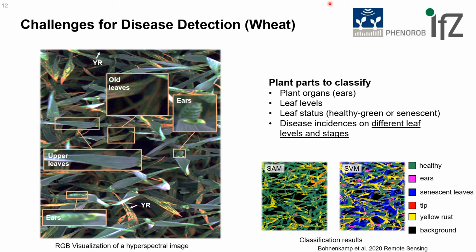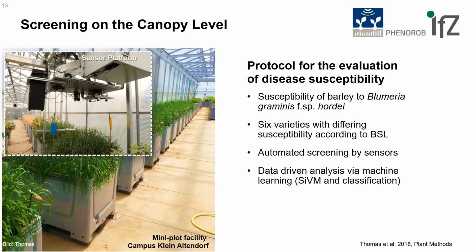So the algorithms we apply need to be able to handle this complexity, and simple algorithms like spectral angle mapper, a very old algorithm from remote sensing, are not able to provide sufficient results, but other simple machine learning approaches like support vector machines are more suitable to handle this kind of complexity.